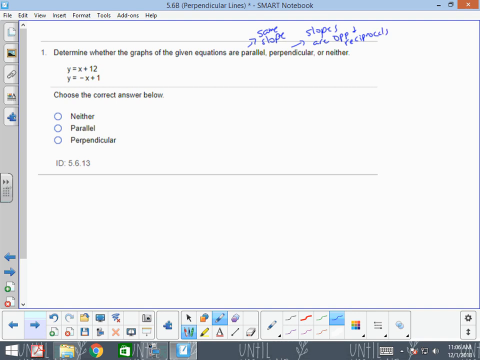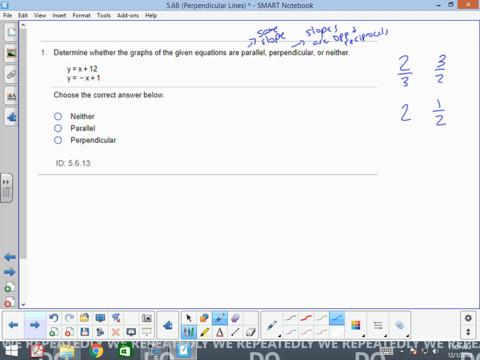Remember, reciprocals are like 2/3 and 3/2. They're flipped. 2 and 1/2, those are reciprocals. 1/2 and 2. They're also going to be different signs. So one of them has to be negative and the other one has to be positive in order to be perpendicular. And then neither would mean they're neither one of those. They're not parallel, they're not perpendicular, they're not same slopes, they're not opposites and reciprocals, so they're neither.